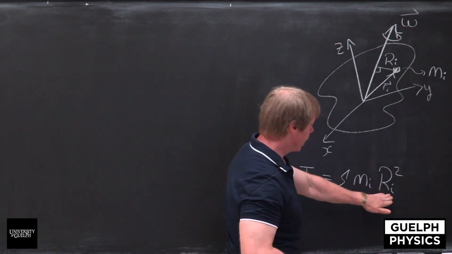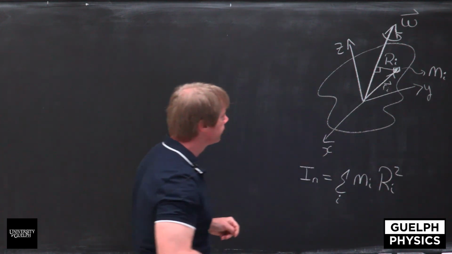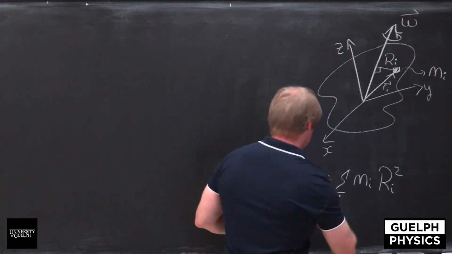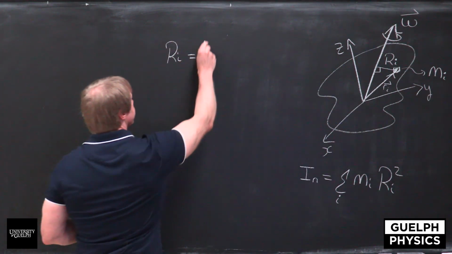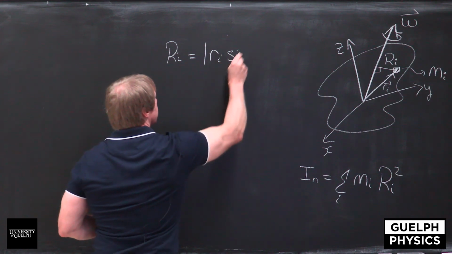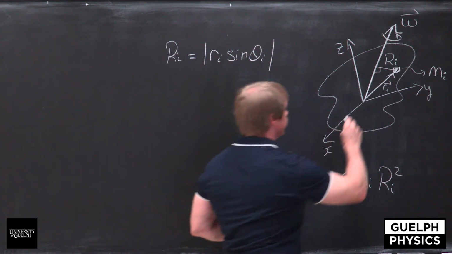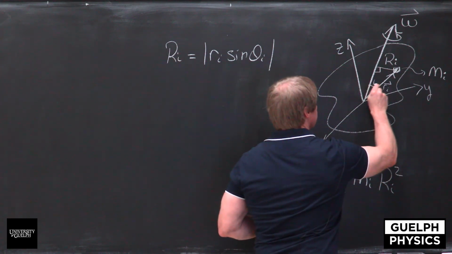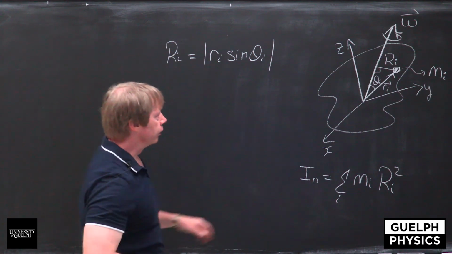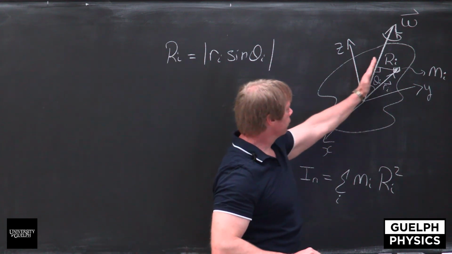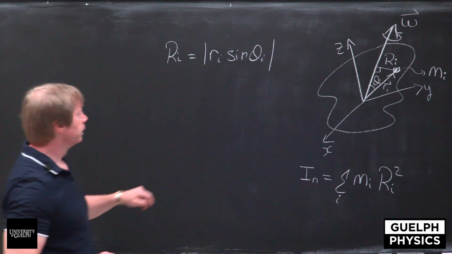I can express this perpendicular distance, Ri, as ri sine theta, and so this is my angle theta here between this axis and that vector.